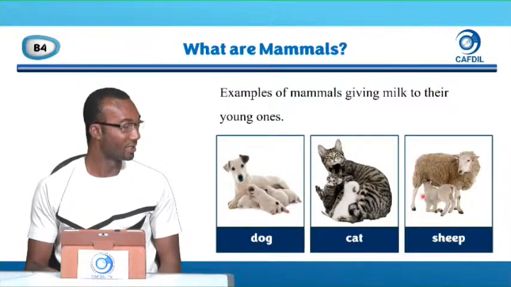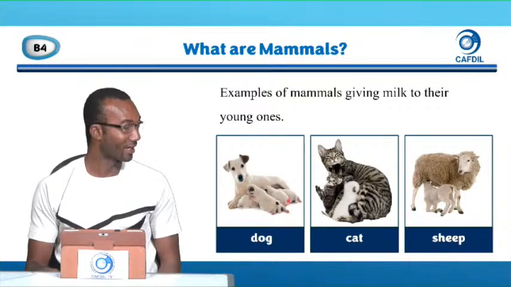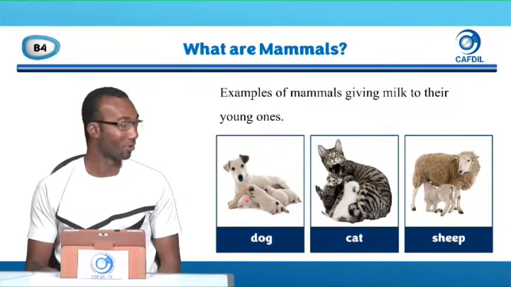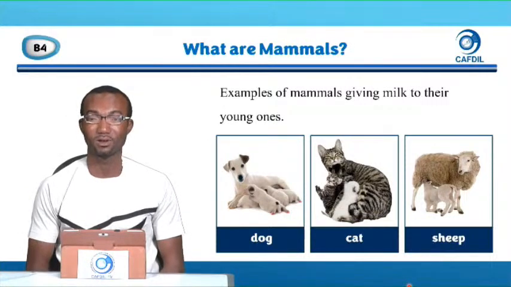Sheep feeding the young one on milk. And all these animals, they have udder. That is where, if you look at where the mammary glands are located, we call it udder. So all these animals, cat, sheep, they are all mammals because they feed their young ones on milk.